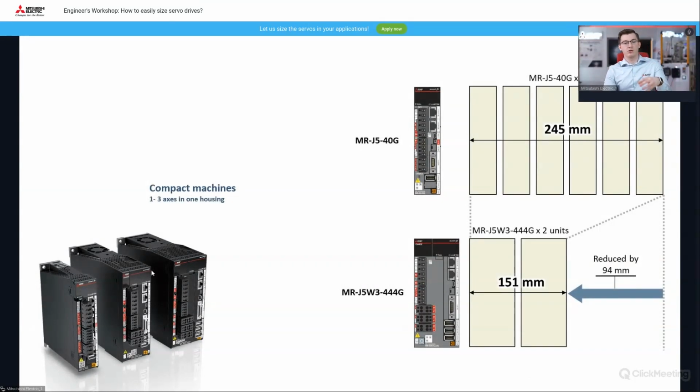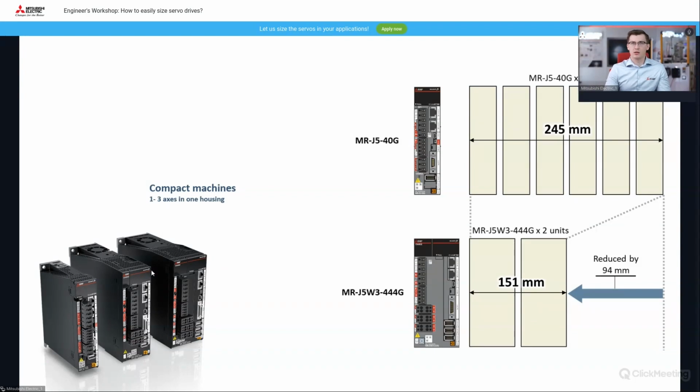As you can see here, when you use the multi-axis amplifier, this is an example of comparison between six one-axis amplifiers, 400 watts, and two three-axis amplifiers, also 400 watts. So every motor is about 400 watts.